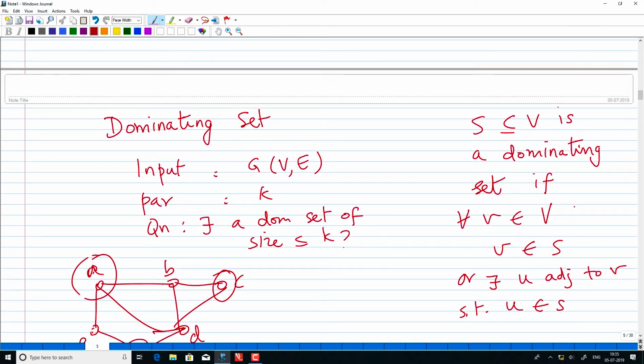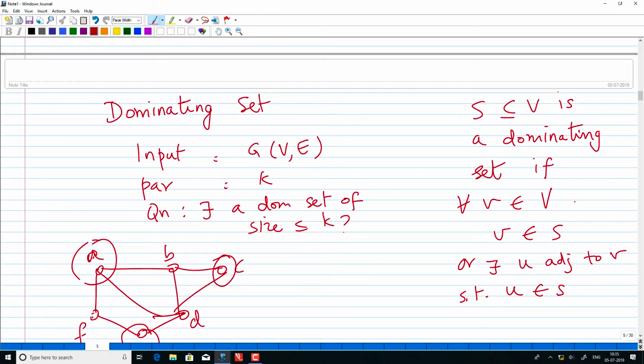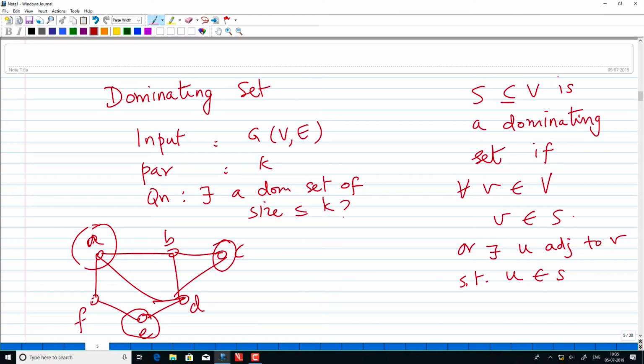Let us come back to the dominating set problem here. Suppose I tell you that, okay, in general, we have shown by reduction from multicolored independent set, the W-hardness of dominating set. Suppose the graph has bounded degree. Suppose every vertex has degree bounded by 10.